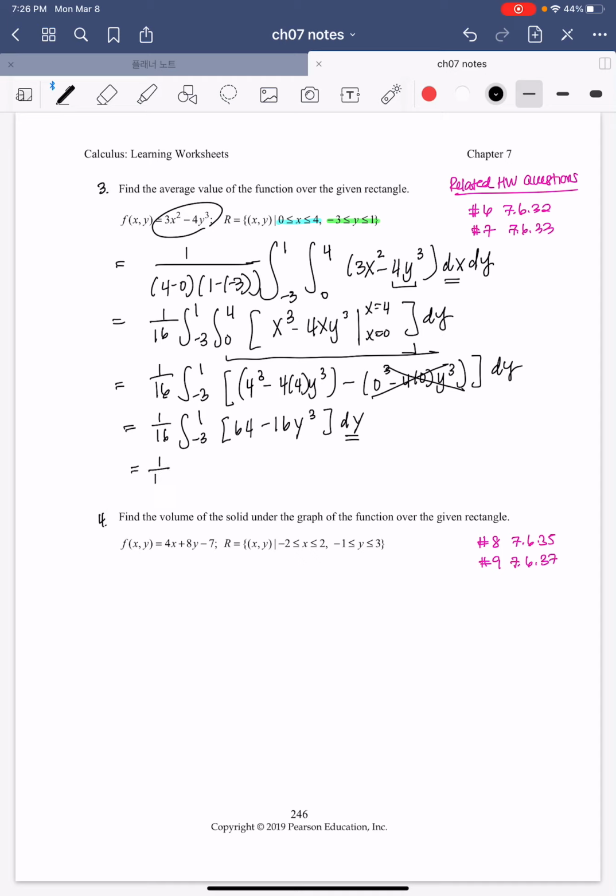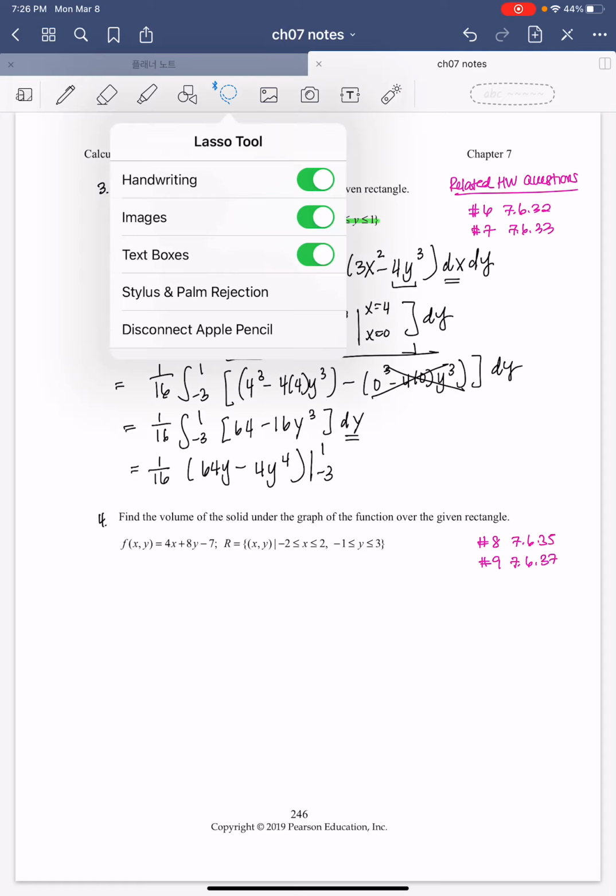So 1 over 16. Over here we gain a power, so 64y. 16 divided by 4, because we raise a power divided by new power. So I'm having 4y to the fourth power from negative 3 to 1.